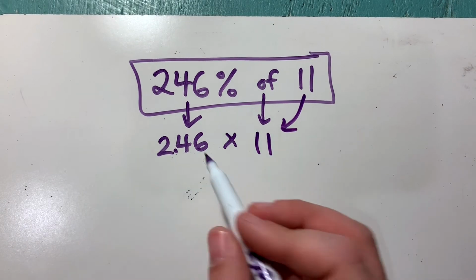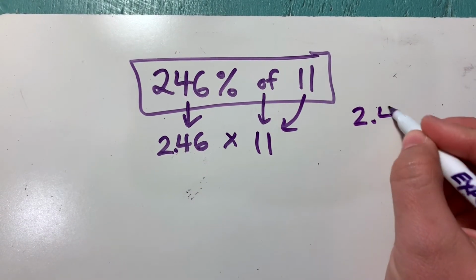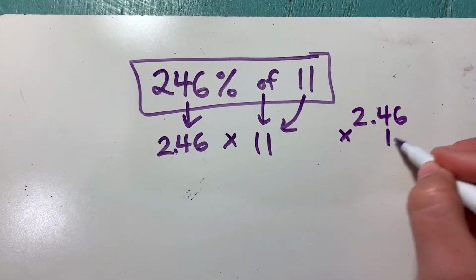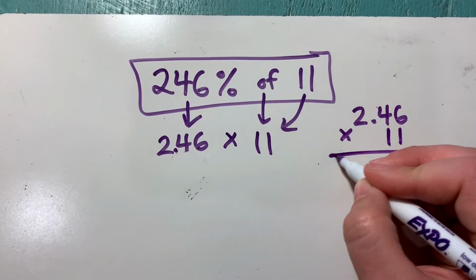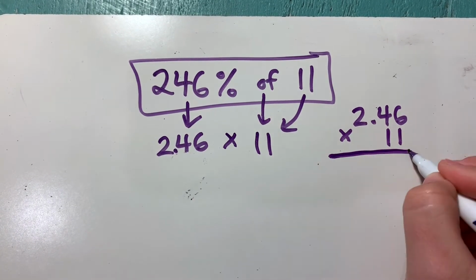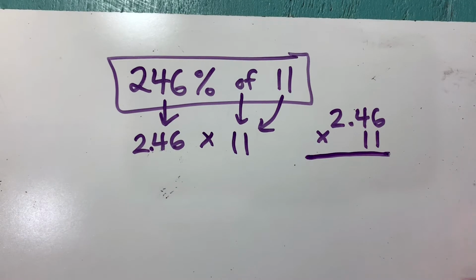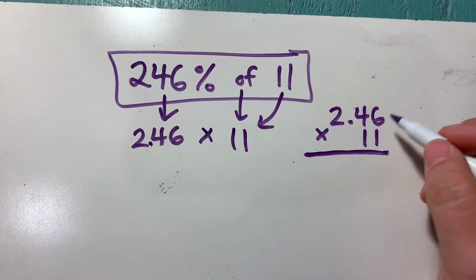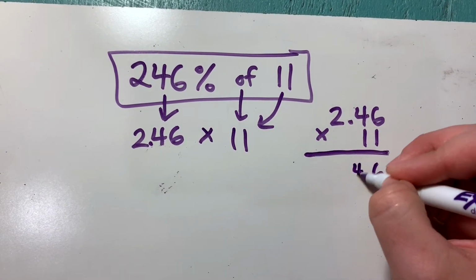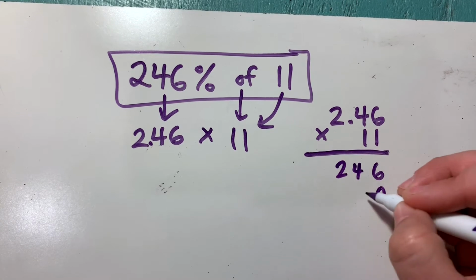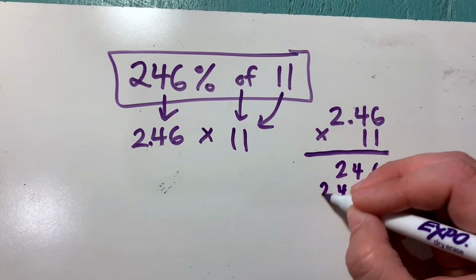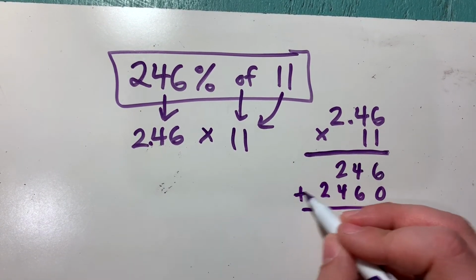Okay, 2.46 times 11. I strongly suggest you have a piece of scratch paper. Okay, it's not a suggestion. You need scratch paper when you're doing this in order to keep all of your calculations straight and organized.